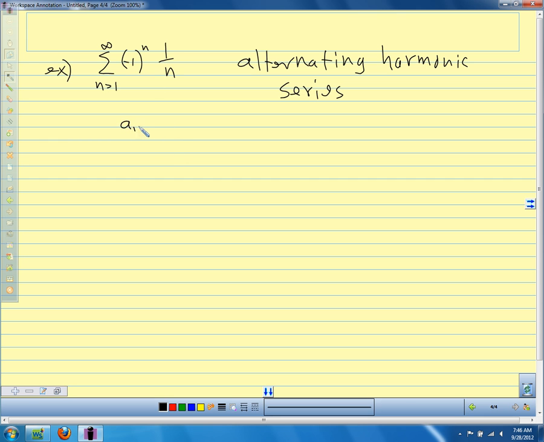We have a sub n is 1 over n. So let's do our first test first. We know that the limit as n approaches infinity of 1 over n is 0. So our first condition holds. So we did the easy one first. And a sub n plus 1 is 1 over n plus 1, and 1 over n plus 1 is less than or equal to 1 over n for n greater than or equal to 1.